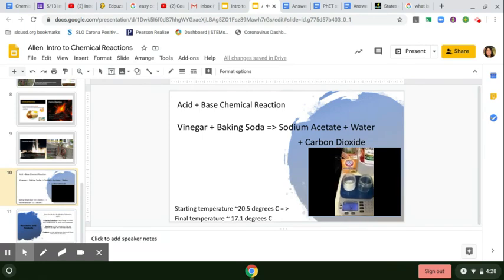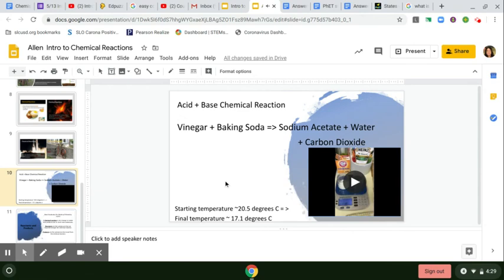The temperature of the new substance is 17.4 degrees Celsius. So you can see that we can confirm that a chemical reaction took place because we have a change in temperature and we have a change in mass. Where did that mass go? Carbon dioxide gas.